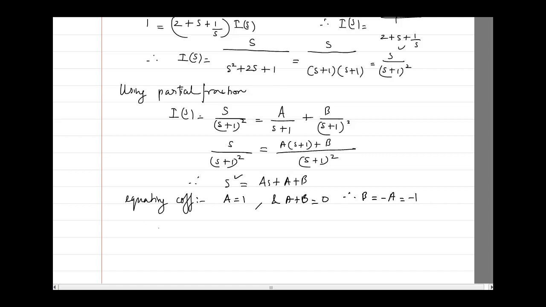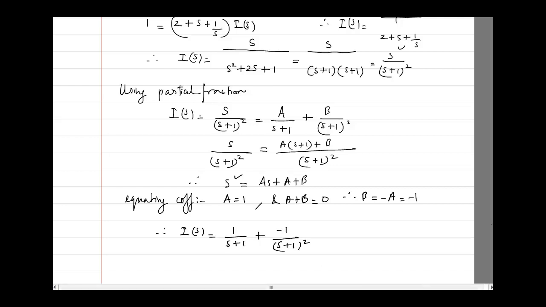Therefore I of S can now be written as A is 1 divided by S plus 1, and B is minus 1 divided by S plus 1 the whole square.